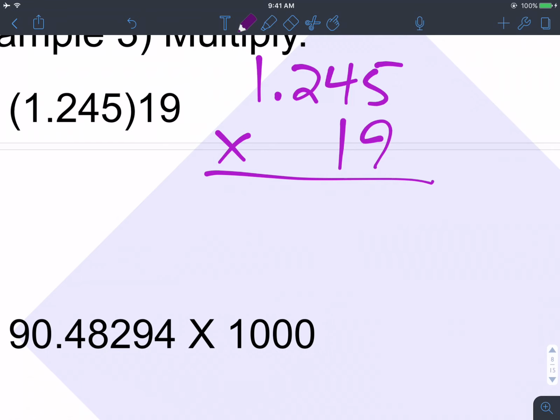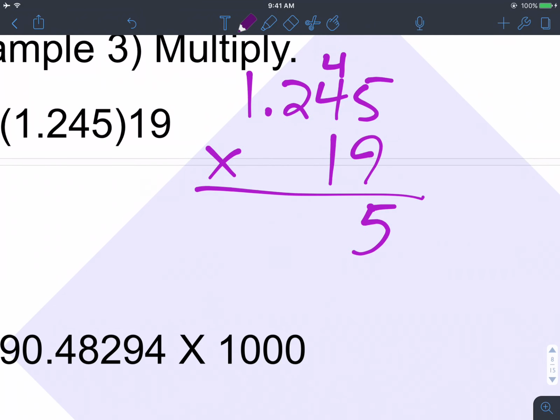So let me do this. 5 times 9 is 45, so carry the 4. 4 times 9, 36, 37, 38, 39, 40, carry that. 2 times 9 is 18, 19, 20, 21, 22. 1 times 9 is 9, and then add that 2, so that's 11.